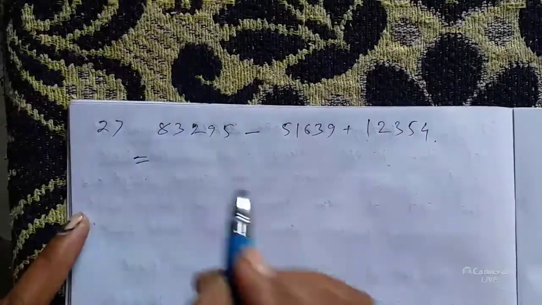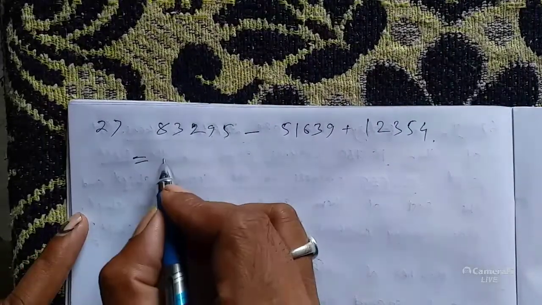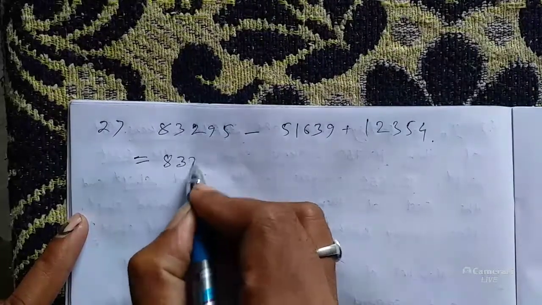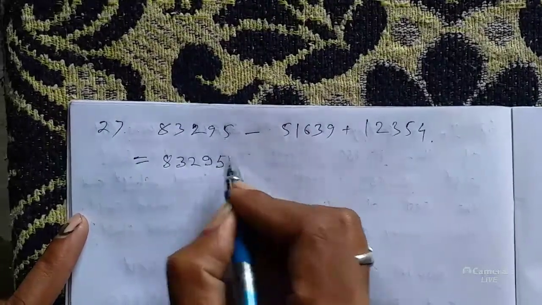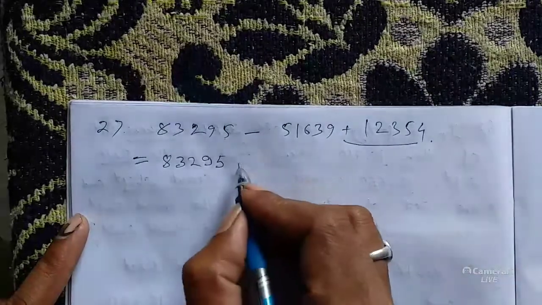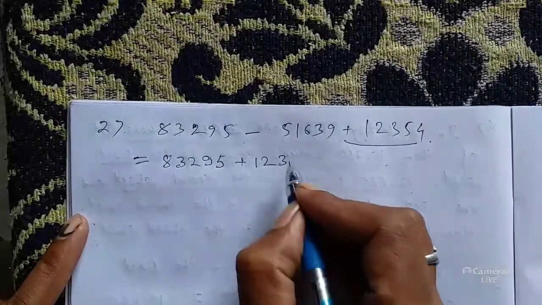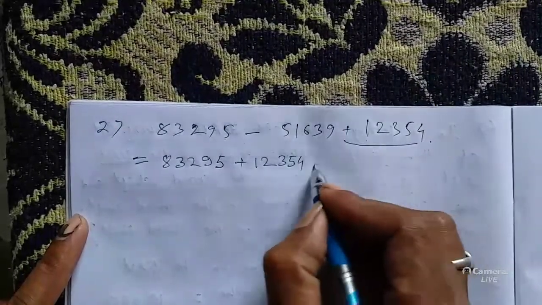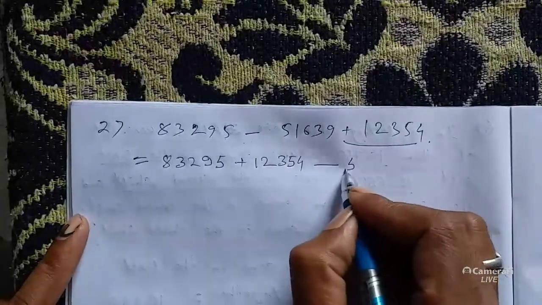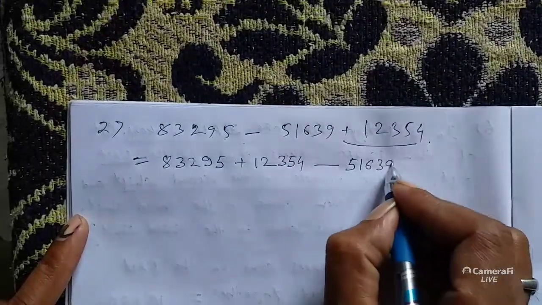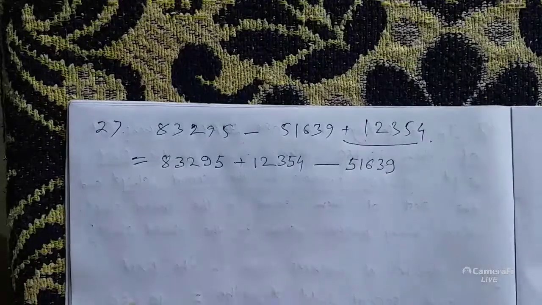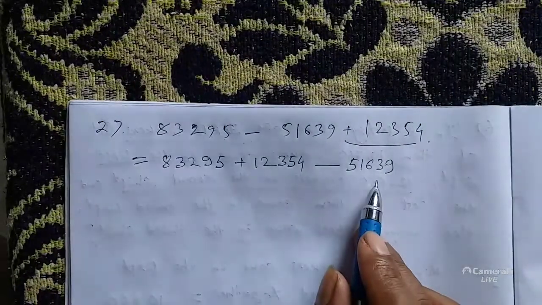So what you have to do, first arrange it. The first number remains at the first, then arrange this one, plus 1 2 3 5 4 and then minus this one, 5 1 6 3 9. So now it is arranged, first addition and then subtraction.